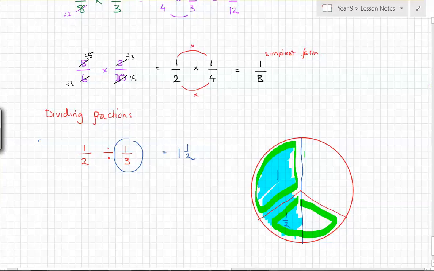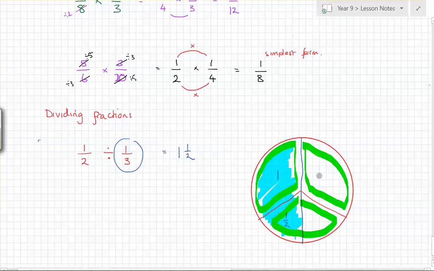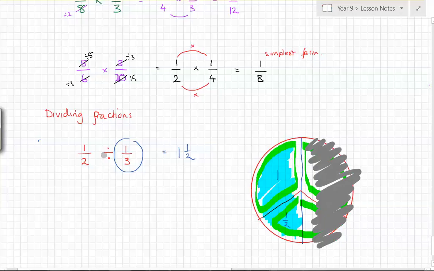Yeah, sorry, there is another third. But if I ignore that half, because I've only got 1/2, how many of those 3/3 do I have? I only have 1.5 of the 3/3. So that's what divide means: how many thirds can I get out of a half?